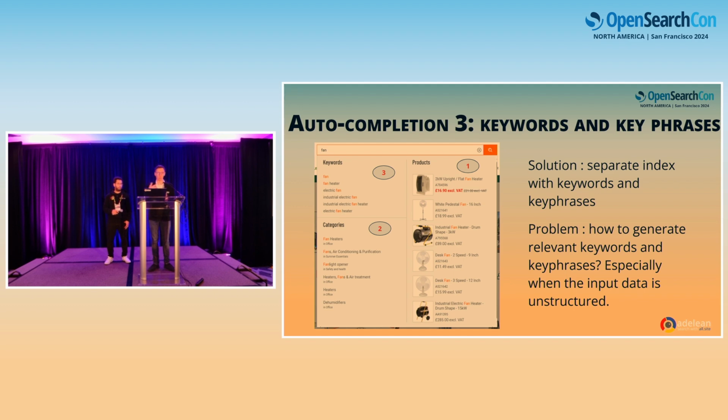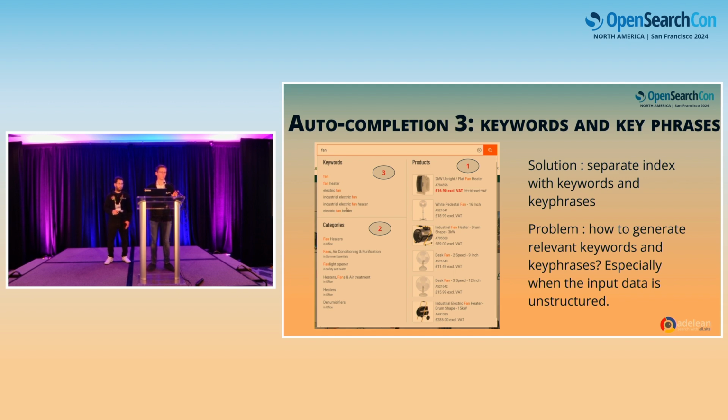So you have to provide meaningful keywords or meaningful phrases, and this is kind of complex, especially if your data is not structured. If you look at the product titles here, you see that they contain a lot of terms, and actually it's not something that you can display here. You cannot display like 16-inch and stuff like that here. Okay, so how do you do that?